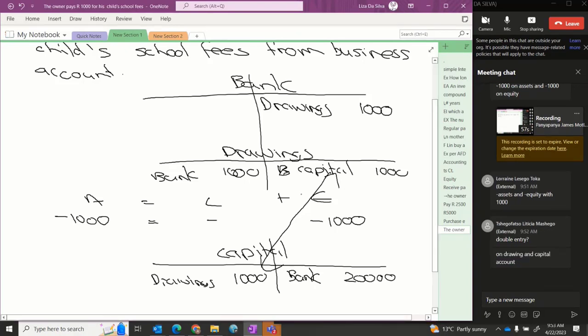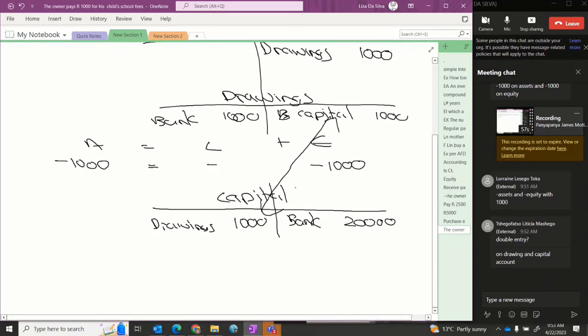Okay, the capital. Let's say this was the only transaction for the month. Then obviously you'll have a balance here. It's going to be 19,000. The balance is carried forward, then you make it 20,000.